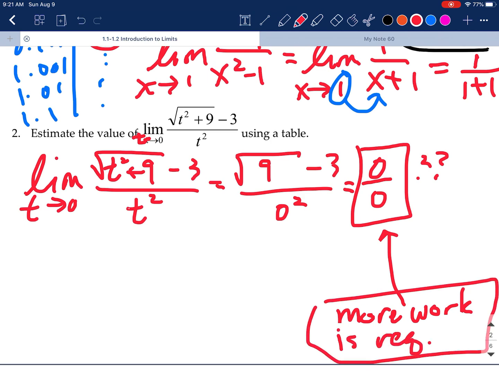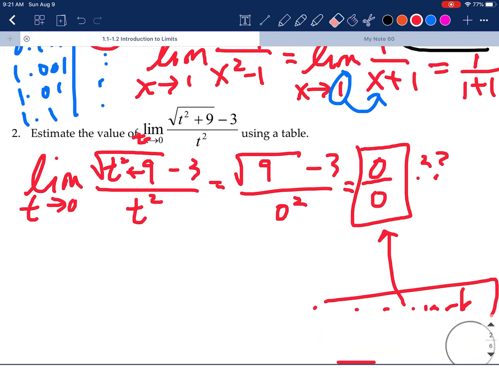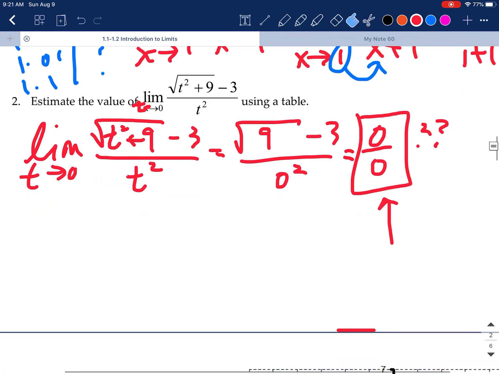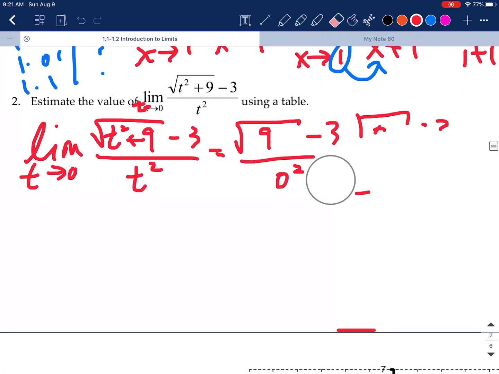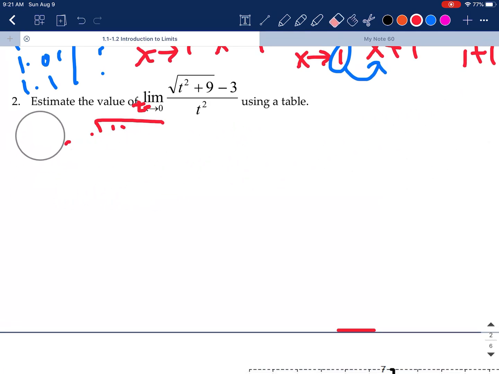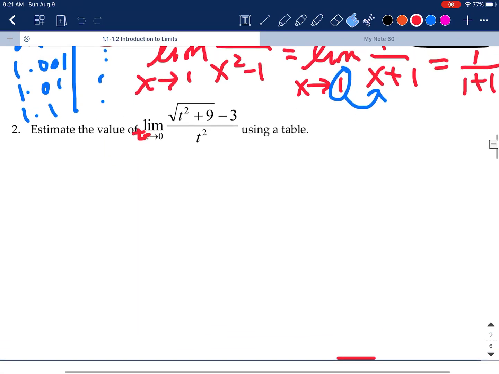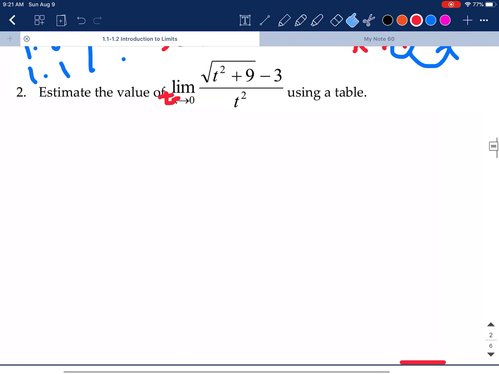So we're going to have to do a little bit more analysis, because 0 divided by 0 could mean that it doesn't exist, but it could mean that it does. So I'm going to erase that. It's not erasing on the bottom, but that's okay. We're going to try and figure out an analytical way to look at this.